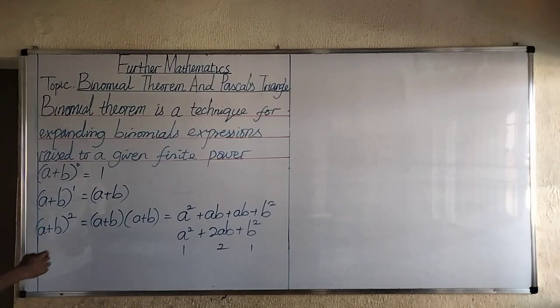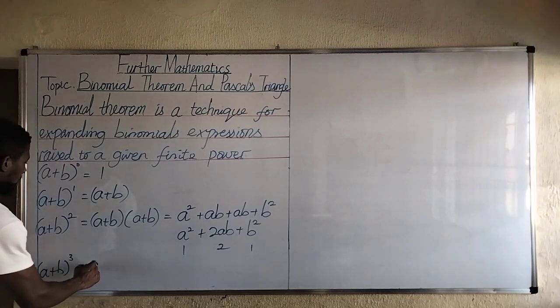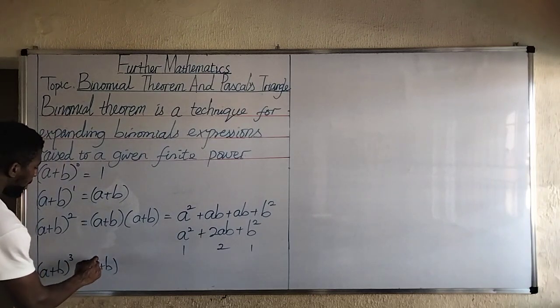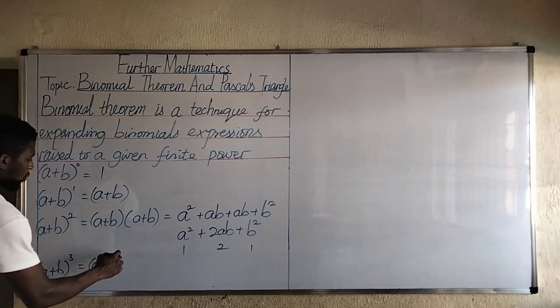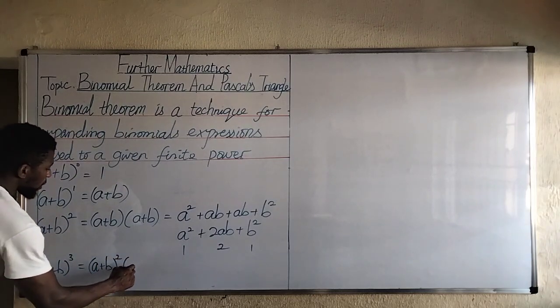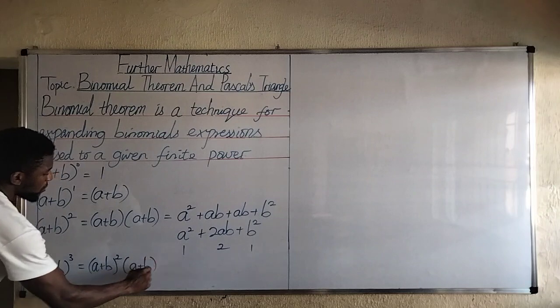Okay, next, let's have another binomial expression, a plus b raised to the third power. If we have this, it simply means that a plus b raised to power 2 is being multiplied by a plus b.